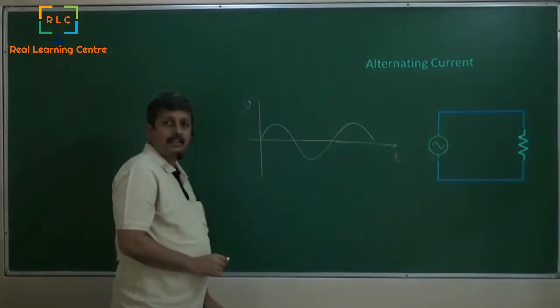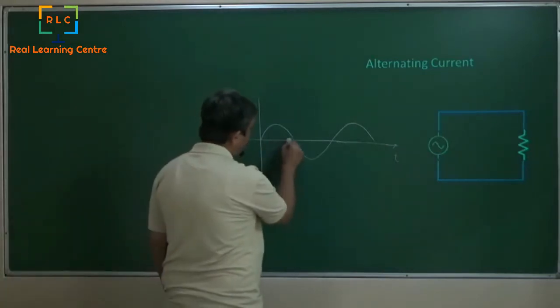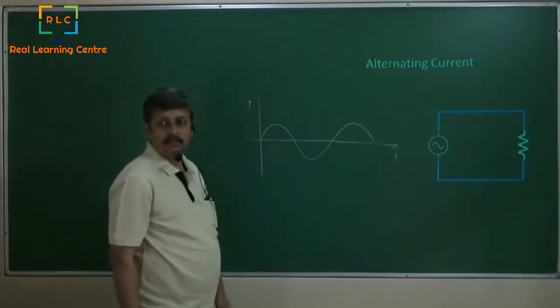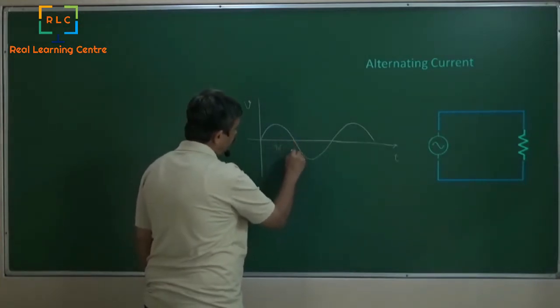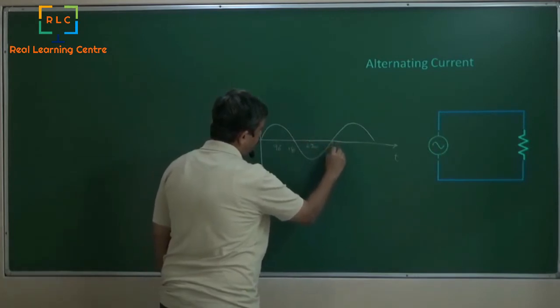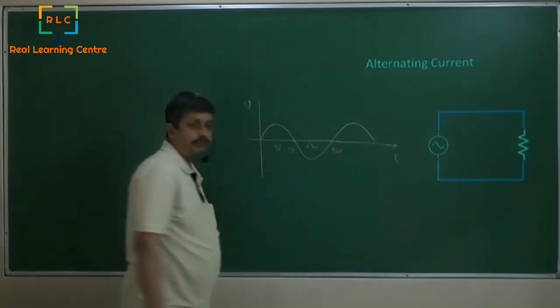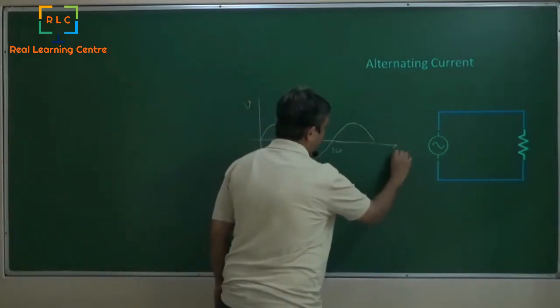And if these are angles that you plot, here at this point it is 90 degrees, here 180 degrees, 270 degrees, 360 degrees, like that. In which case this would be the angle theta.